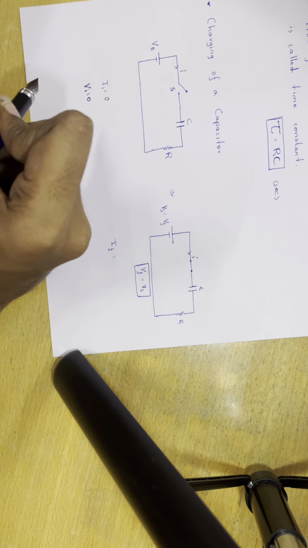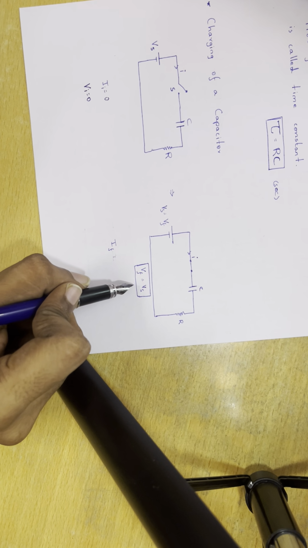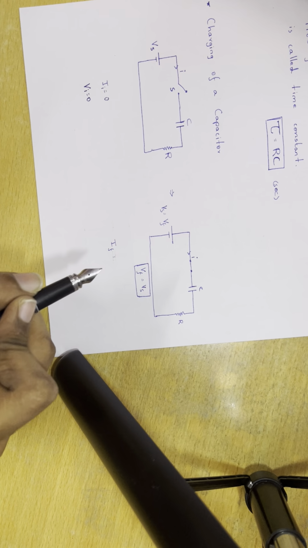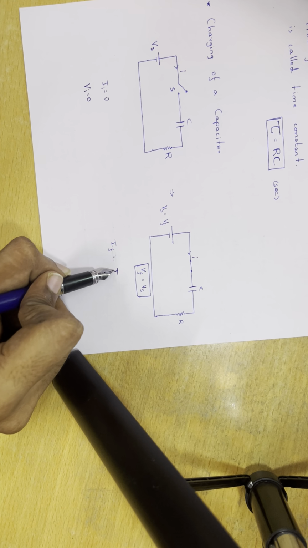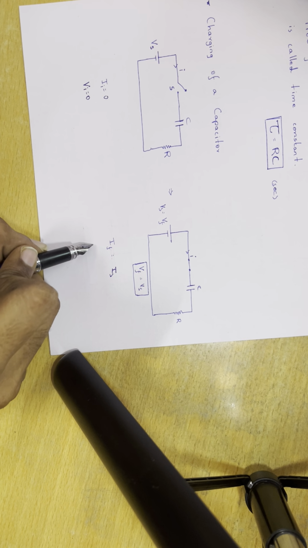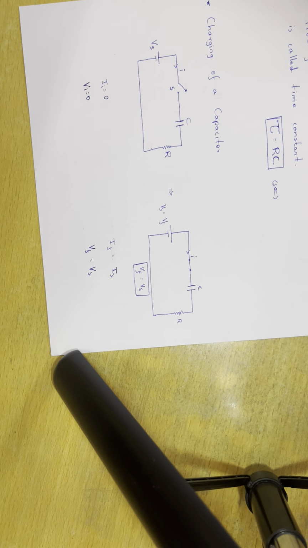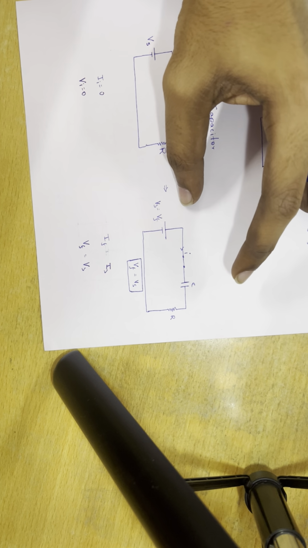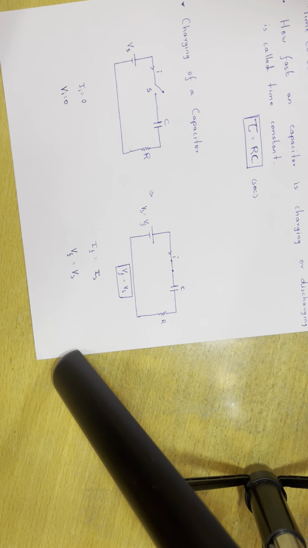The final voltage Vf equals Vs. Finally, when the switch is closed, the current passes through the capacitor, and the voltage across the capacitor will be the same as the source voltage at the final value. This is called charging of a capacitor.